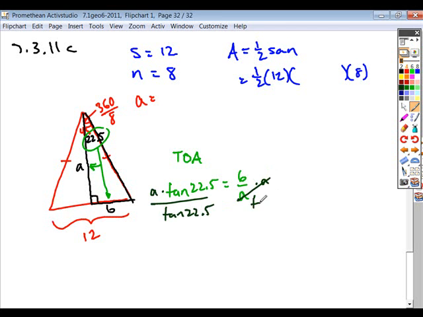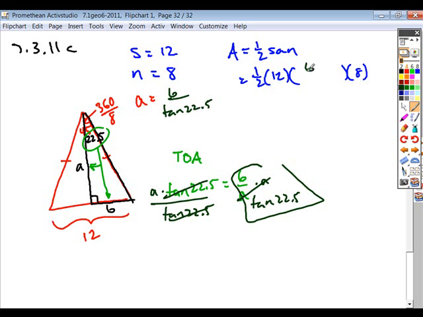Divide by tan of 22.5 to isolate our A. And so here is our apothem measure, 6 over the tan of 22.5. And so we simply put that into our calculation. And then this would give us the area that we're looking for.